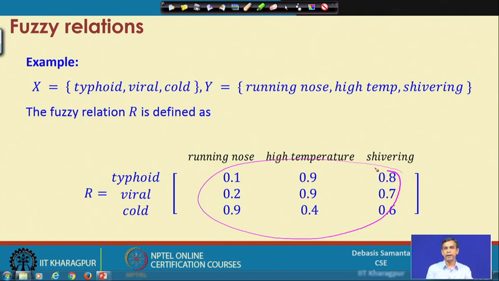This is the only difference between the fuzzy relation and the crisp relation. Otherwise, every operation we defined for crisp relations is equally applicable to fuzzy sets. Now, let us see the different operations possible for fuzzy relations.